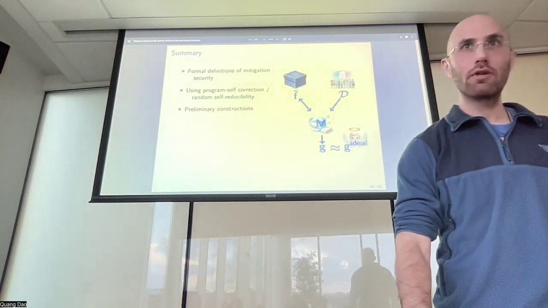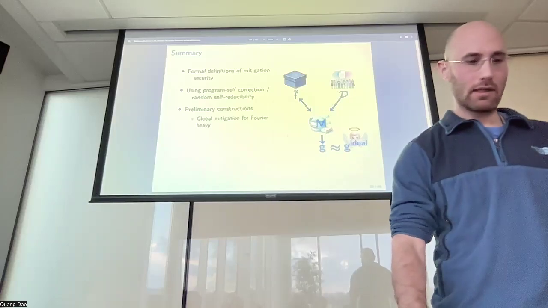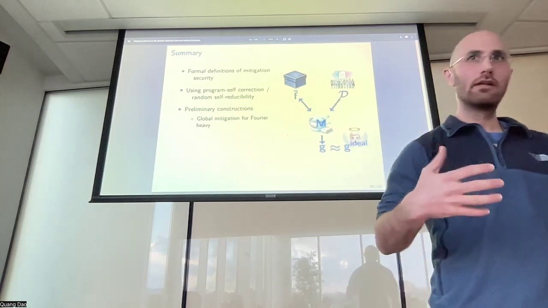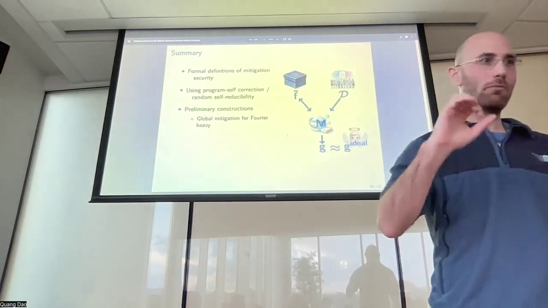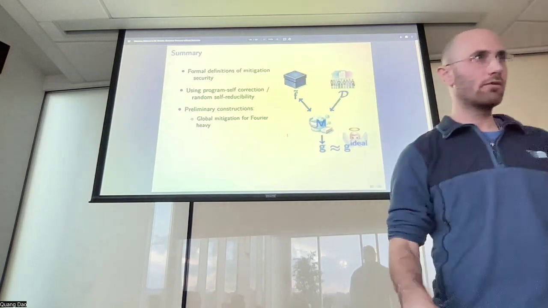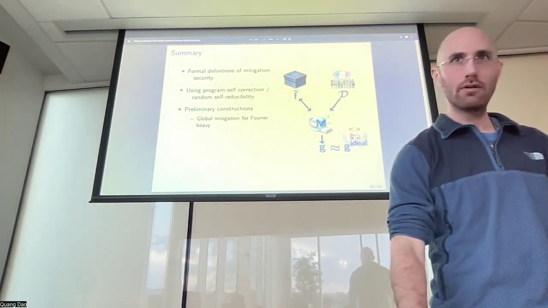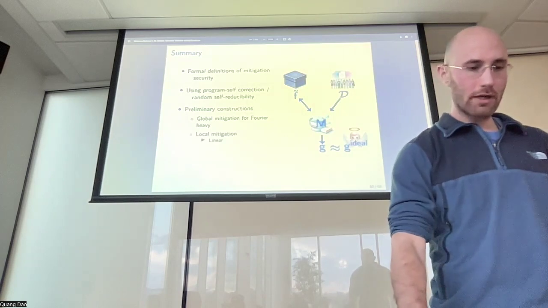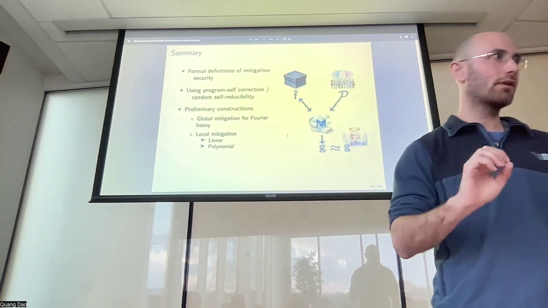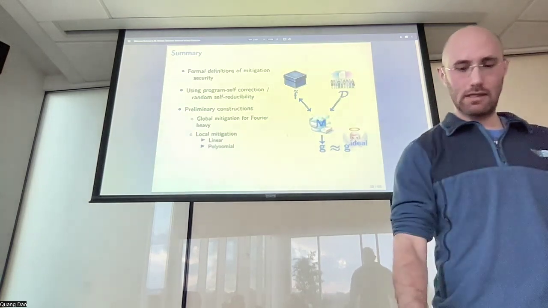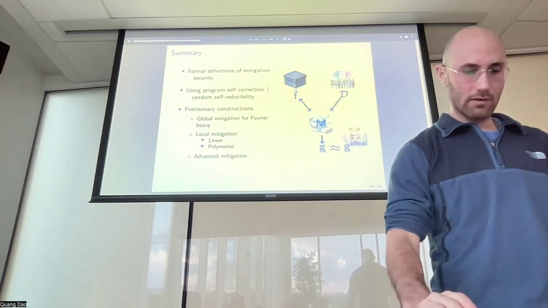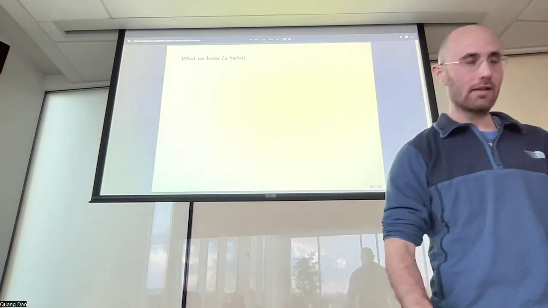And to do so, I showed you some preliminary constructions. For global mitigation, we had this FOIA result, which basically said, if there exists some bounded depth decision tree that is good at predicting the labels, then you can do backdoor mitigation. And we saw local mitigation, which basically said if there exists some polynomial function that is good at predicting the labels in Rn, then you can do mitigation. We saw a little bit about the advanced mitigation result, and that's it.